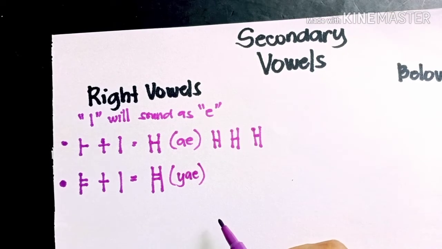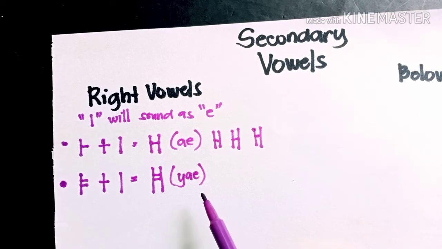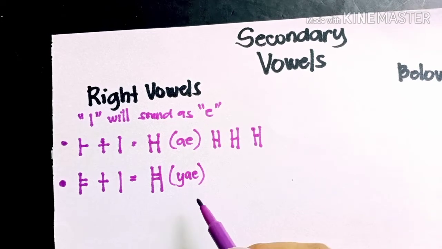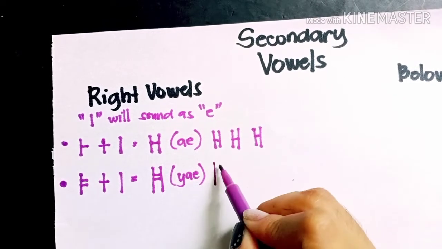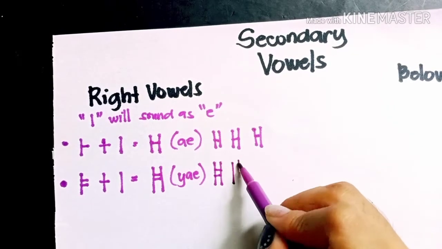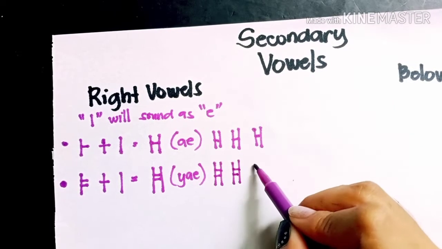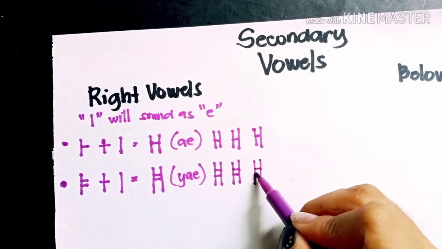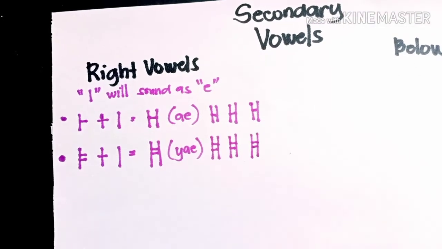As I said in the previous video, if the vowel is pronounced with the letter Y, it consists of 2 hands or 2 lines. This vowel is pronounced as Ye. Again, Ye.